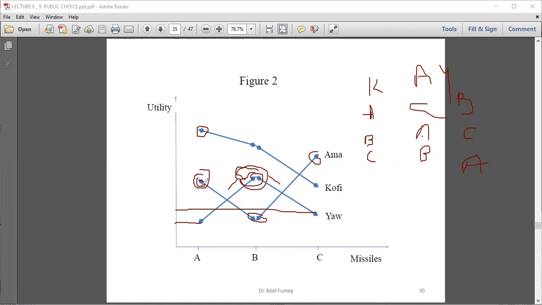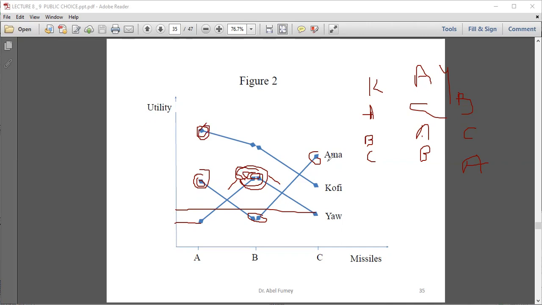If you come and stand at A, if you move down like this to B, you see that there's a reduction. But you move up to C and then you see that there's an increase in utility. So despite the fact that Kofi has a single peak preference, Yao also has a single peak preference, Amma is having a double peak preference. And this is the reason why we are getting the voting paradox.